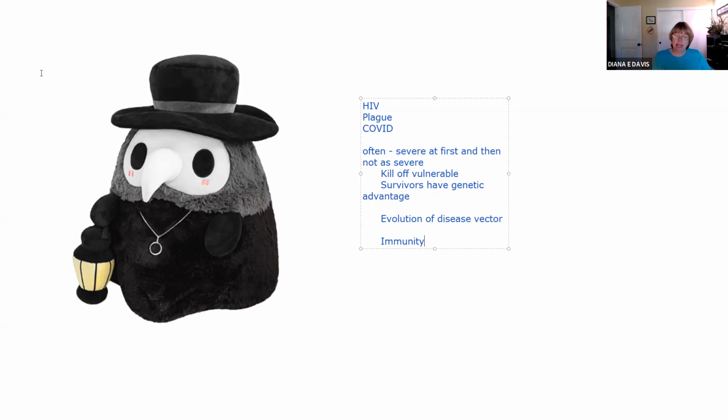And when you get a large number of people who are immune in a population, that reduces the spread. So it's less likely to be able to spread in that population. And we'll talk about that and how that works when we talk about the immune system.